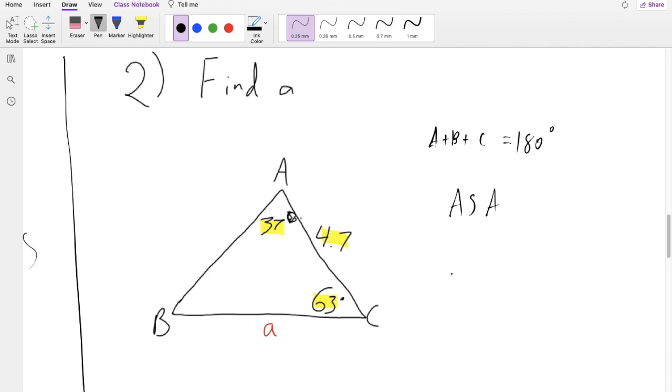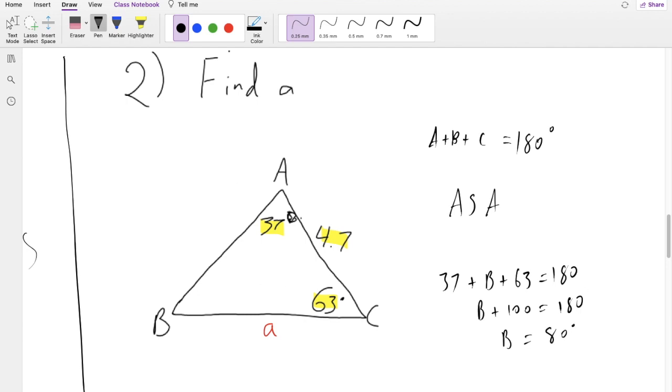So we can plug pieces in, so that's going to be 37 plus B plus 63 equals 180. We can add these like terms together, so B plus 100 equals 180. We can subtract that 100 over, giving me 80 degrees.